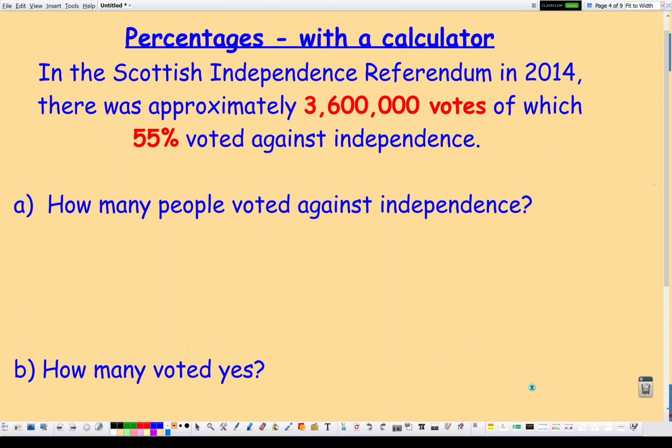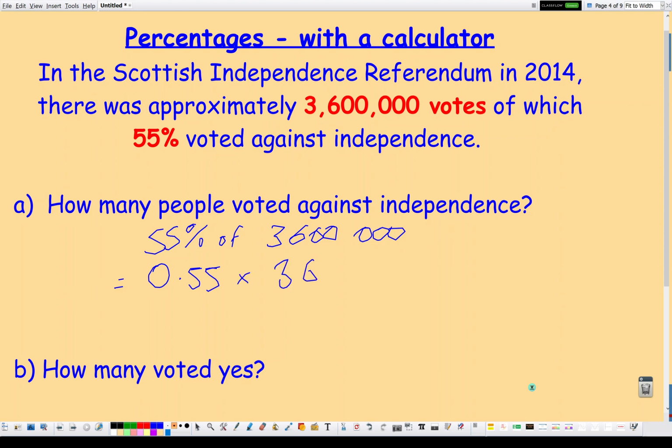So 1,980,000. So 55% of the 3,600,000, which is 55 divided by 100, which is 0.55, times that 3,600,000, and that gives you the 1,980,000 people that voted no.